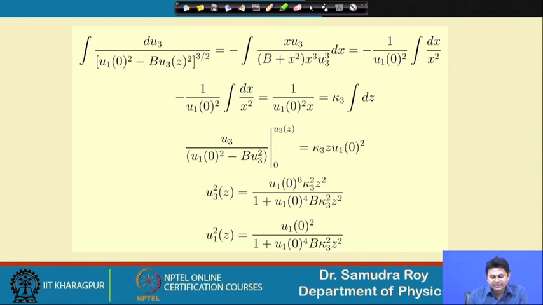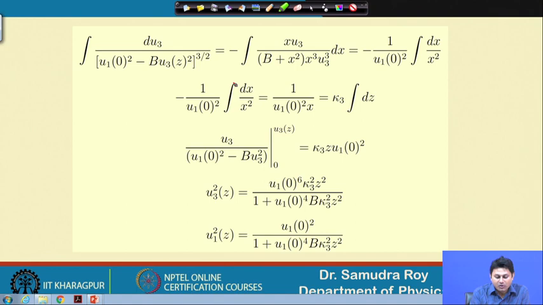Here in this slide we can see the integration of d u3 divided by u10 square minus b u3 square, whole to the power 3 by 2. With the proper transformation, I can write this in this simple form.